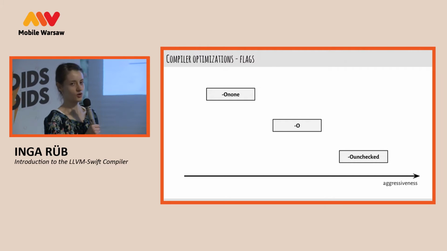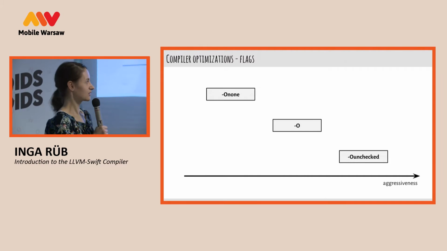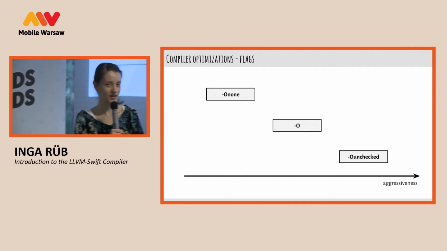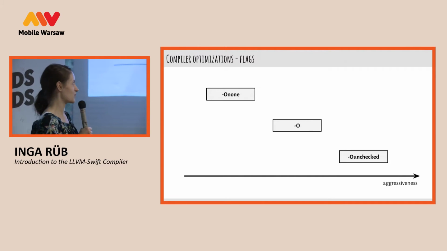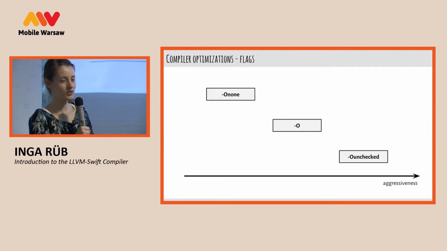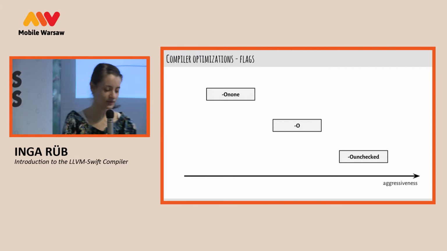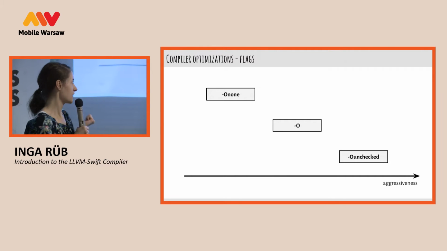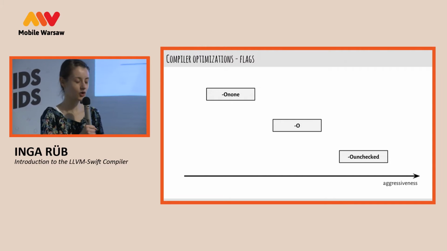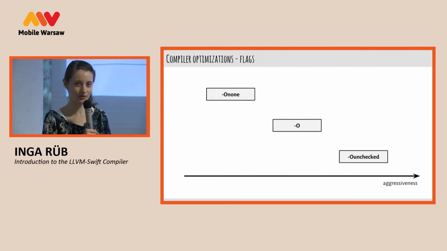The first one is none, and this is the flag that tells the compiler, please do not optimize my code aggressively, just apply some basic optimizations, some diagnostic passes, but nothing above it. It is good for development when you want to have full debug information, because when you apply the second flag, which is minus big O, then you lose some debug information, but your code is optimized. So this is the right flag for production code.